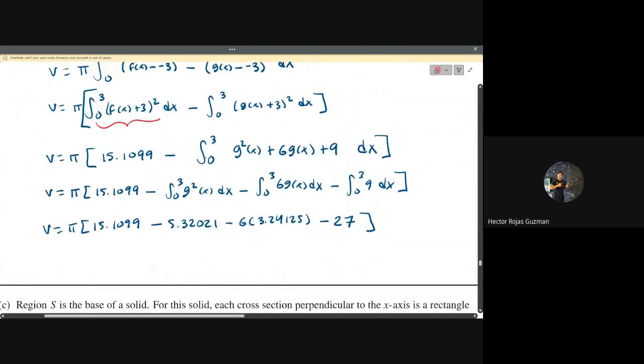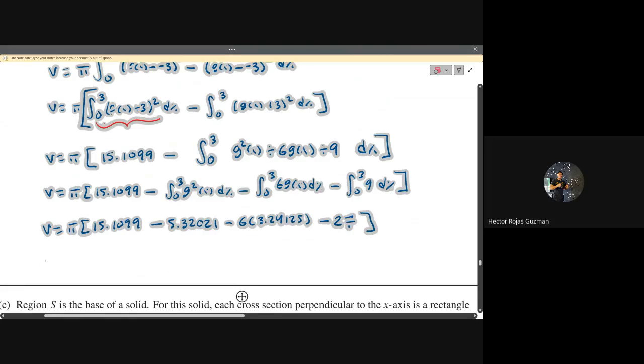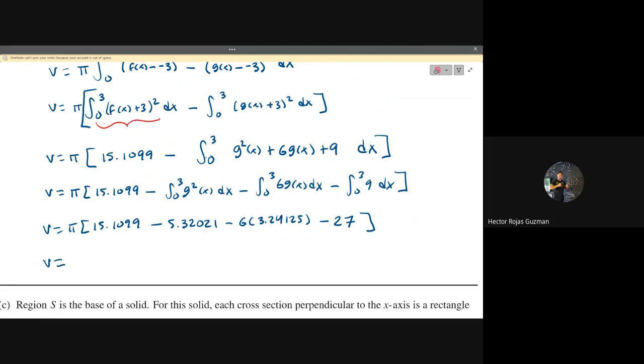It was 5.32021. Then you plug all of this into your calculator, and then you're going to get some final answer, which is 156.264 units cubed.